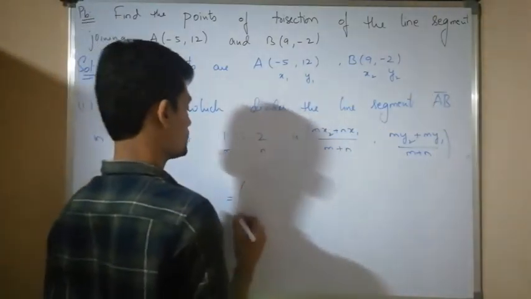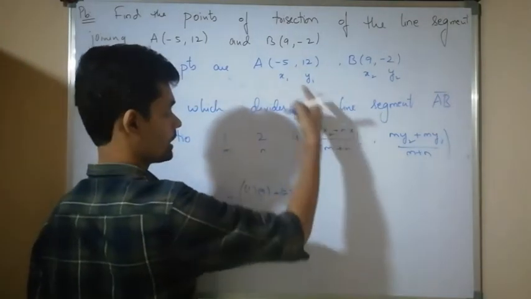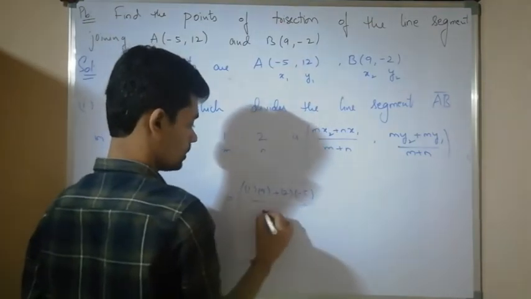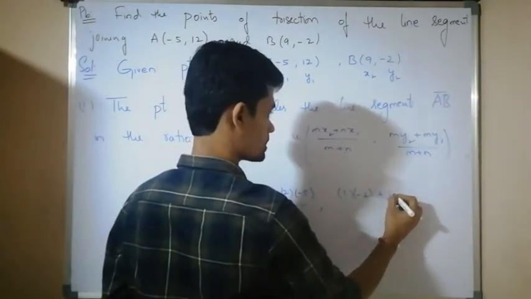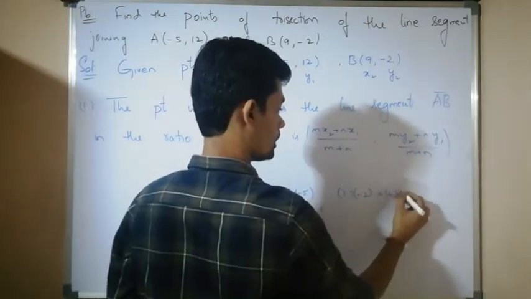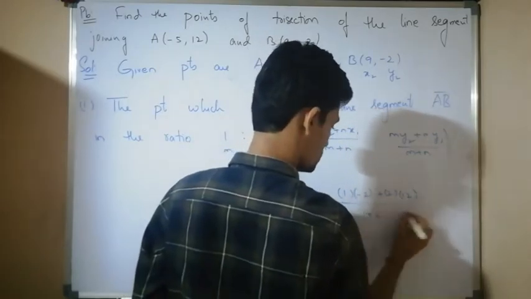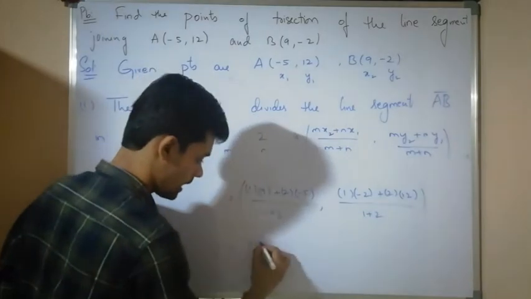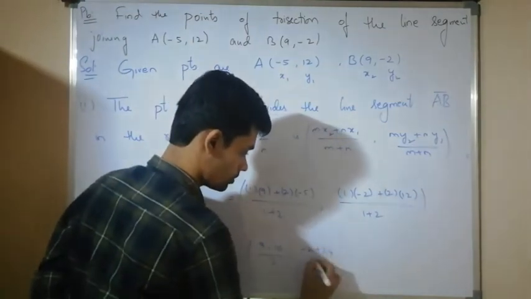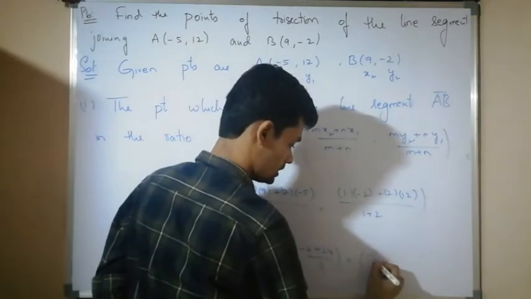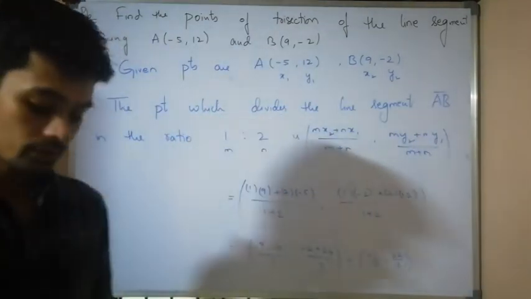So now substitute all the terms. (1 into 9 plus 2 into -5)/(1 + 2), (1 into -2 plus 2 into 12)/(1 + 2), which is equal to (9 - 10)/3, (-2 + 24)/3, which is equal to -1/3, 22/3. This is one of the points of trisection.